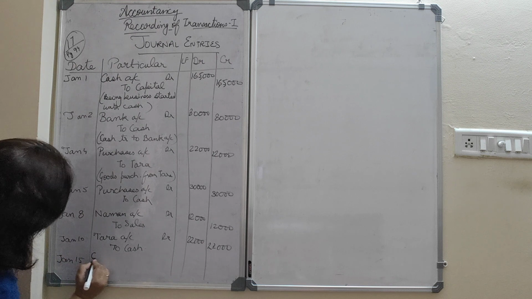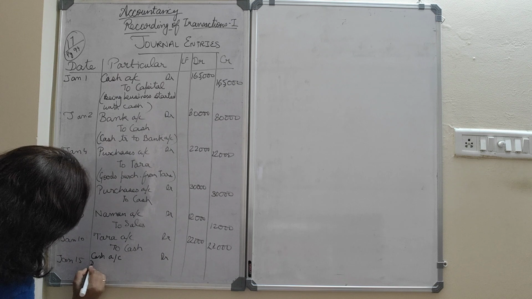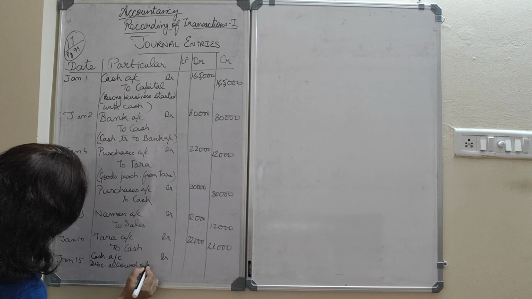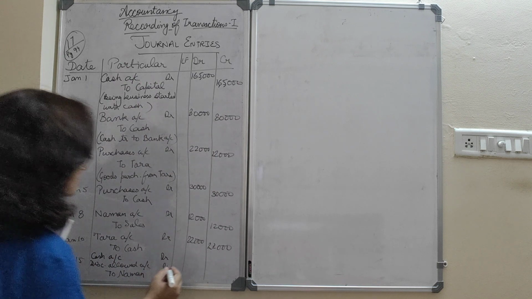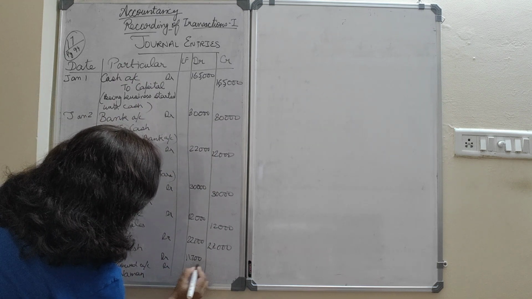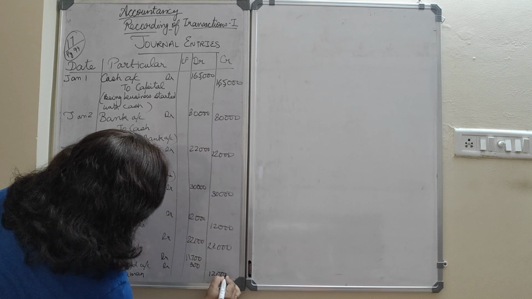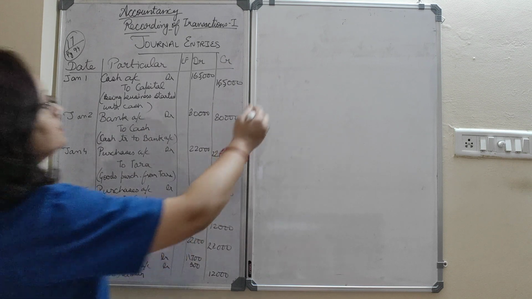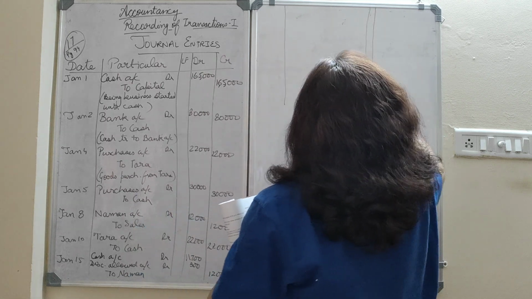So the entry will be cash account debit, discount allowed account debit to Naman. Okay, so 11,700 we have received, 300 we have given as discount, and who is the giver of all this amount? Naman, right? So we are again applying the 3 golden rules of accountancy. Let us now see the rest of the transactions.